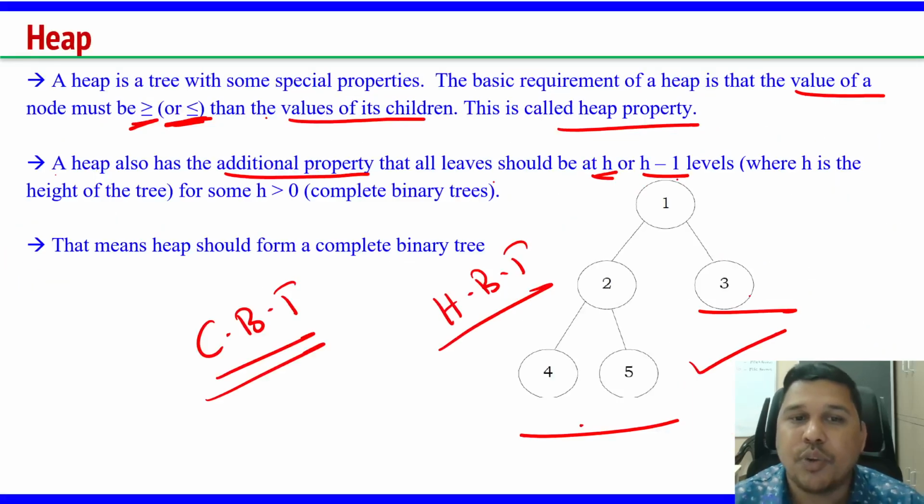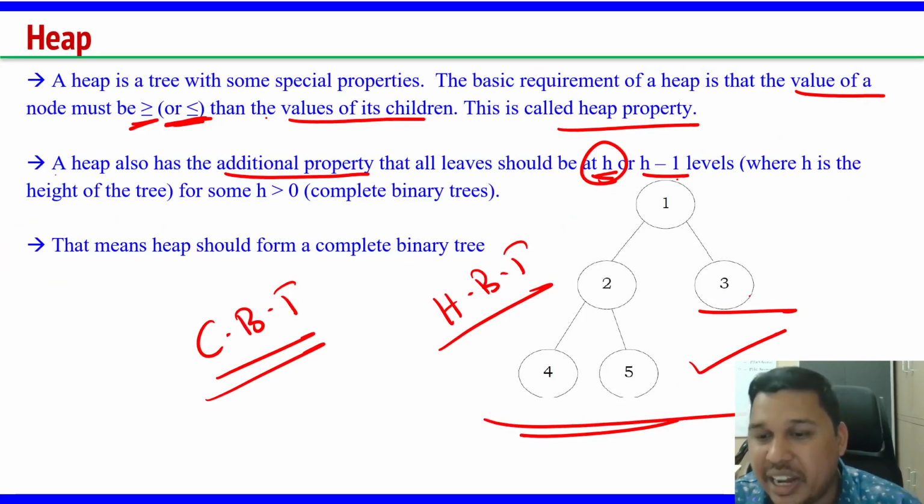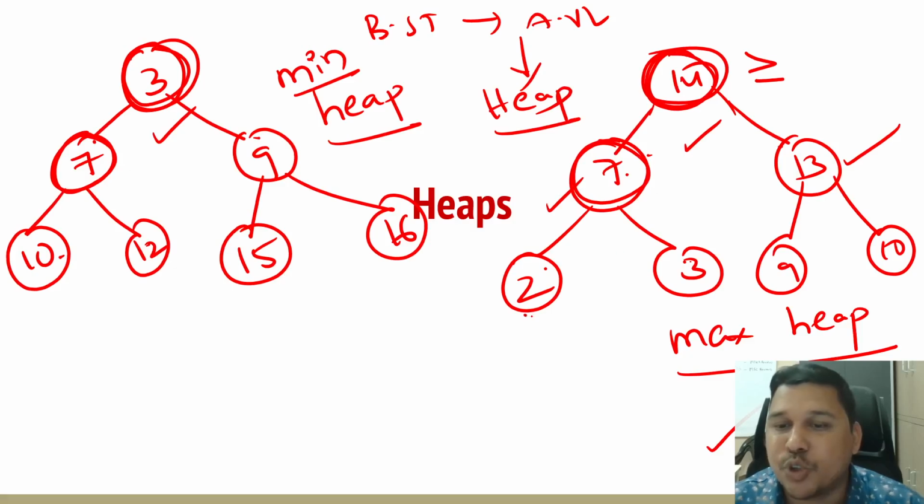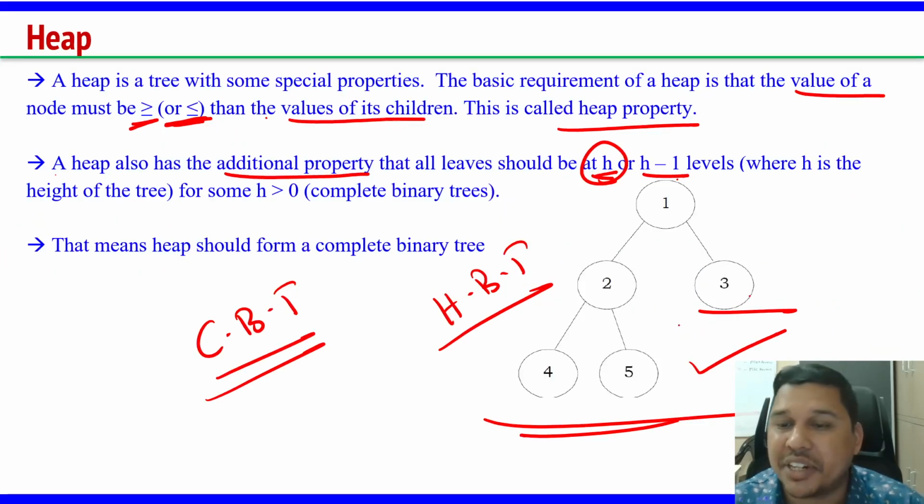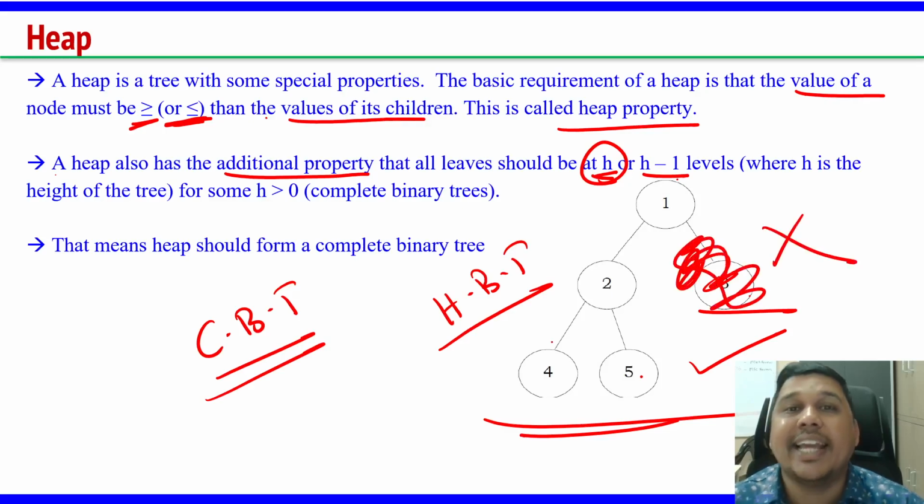All the leaves can be at the same level, or at different levels like this, but at most at h or h minus 1. That is allowed, not h minus 2. If this node is not there, this is not a heap tree. Why? Because it is not balanced.